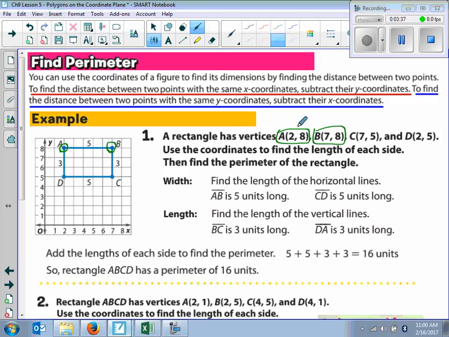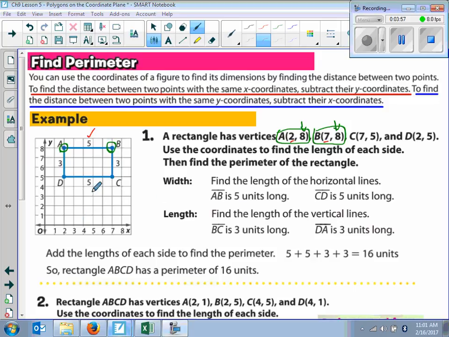They have the same y values, so we need to subtract their x values. 7 minus 2 is 5 units. Is everybody clear with that?